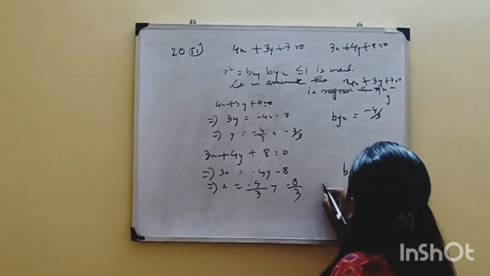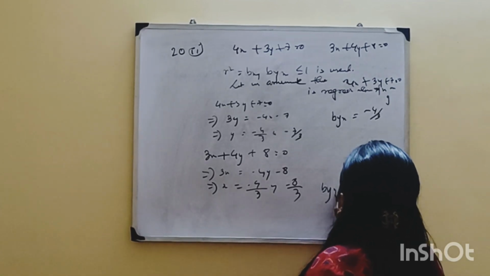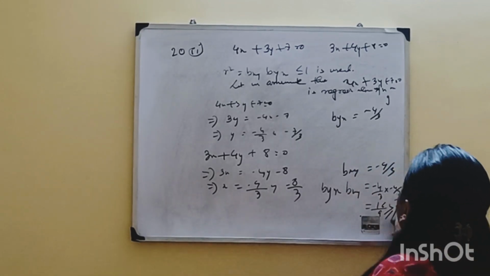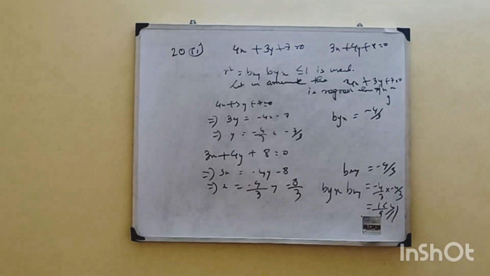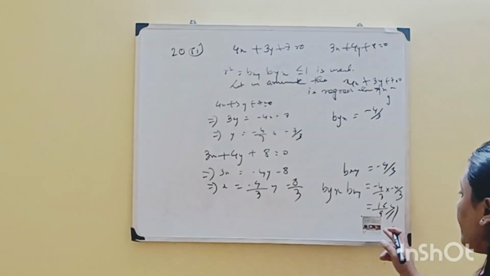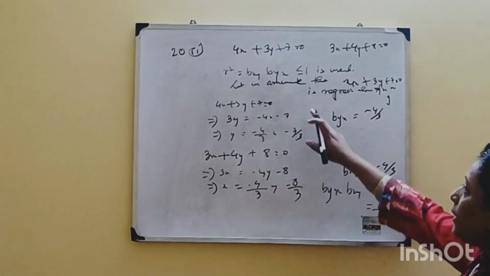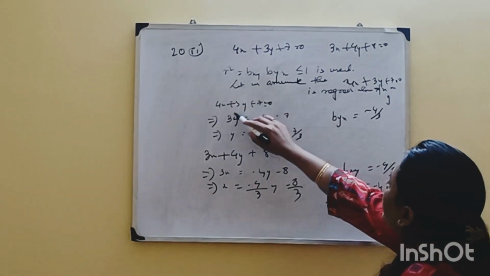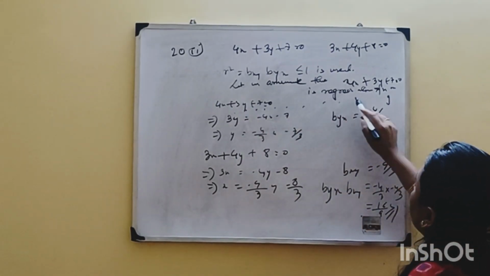If you calculate bxy into byx, it is minus 4 by 3 into minus 4 by 3, which is 16 by 9. 16 by 9 is greater than 1. But we know that this should be less than or equal to 1. So what we have assumed is wrong.